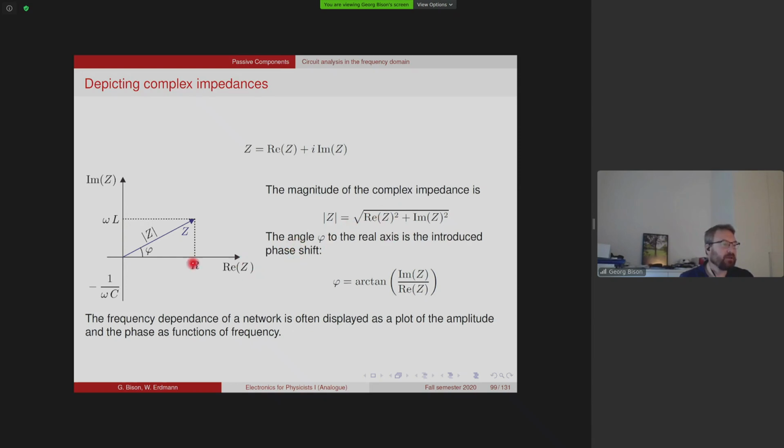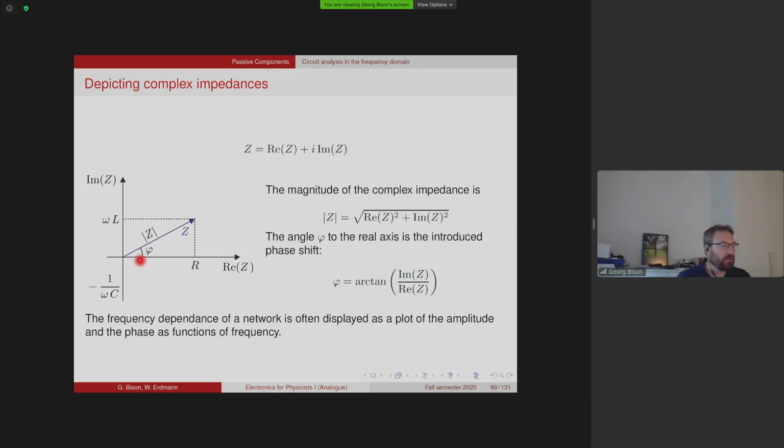And the angle with respect to the real axis, this is important, can be calculated with the arctangent of imaginary over real part. And for the calculations we are going to do, the magnitude and the angle are more important than the real and complex components.